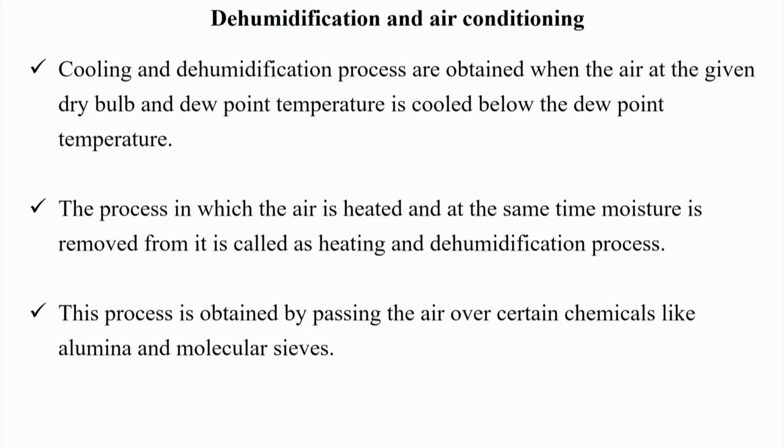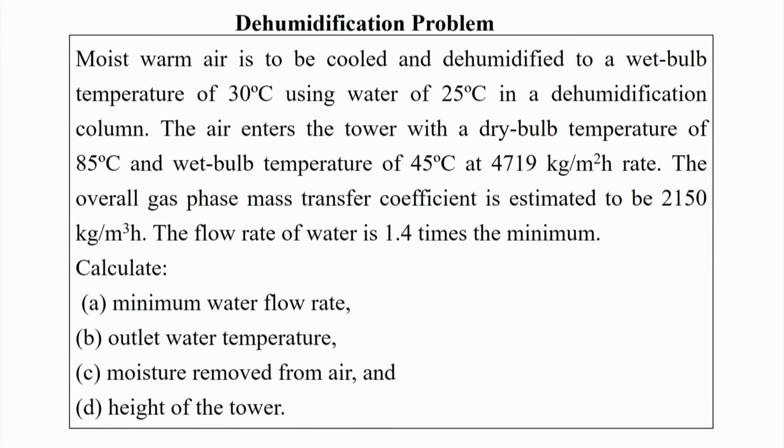Now we will solve one dehumidification problem, and from there we will learn how this moist warm air is cooled, that is, how the dehumidification operation used in air conditioning systems is done. The problem is this: moist warm air is to be cooled and dehumidified to a wet bulb temperature of 30 degree Celsius using water at 25 degree Celsius in a dehumidification column.